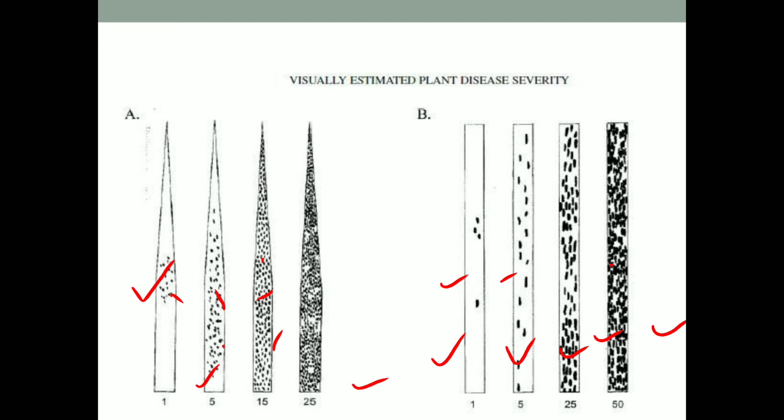So depending on the size or the number of lesions, the disease severity is estimated with the help of such a standard area diagram. So this shows the standard area diagram that indicates the percent of host area affected by the disease.